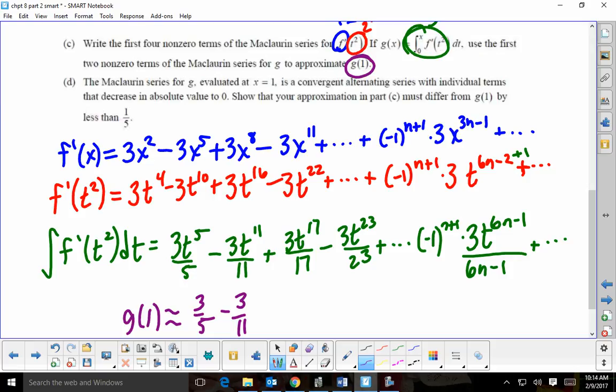So on the test, don't do that if it doesn't ask you for the general term. If it never says find the general term, don't worry about that. It will just take more time. Right here, it said use the first 2 terms. They said this is now G.